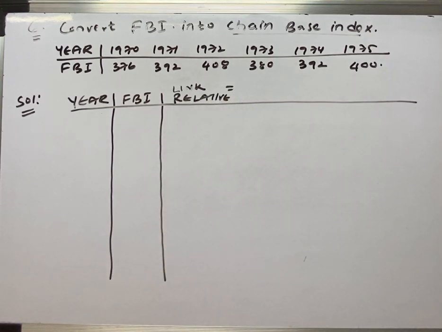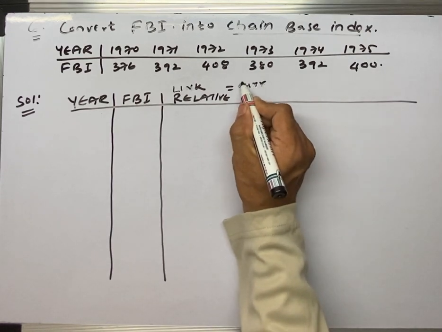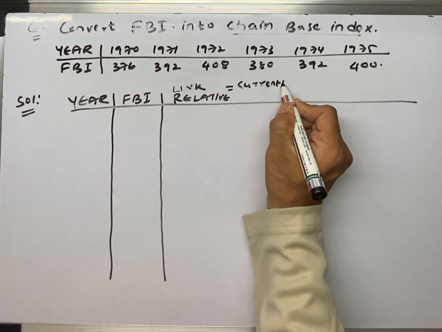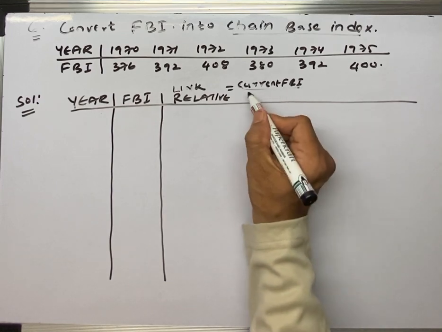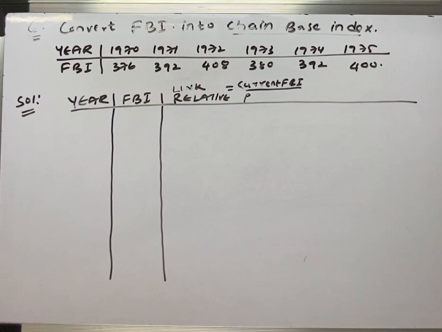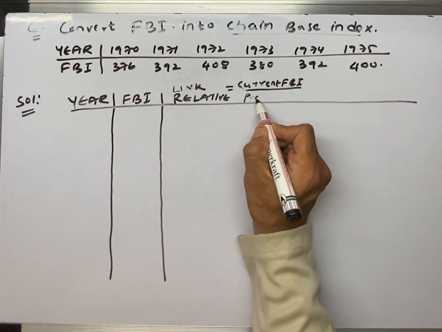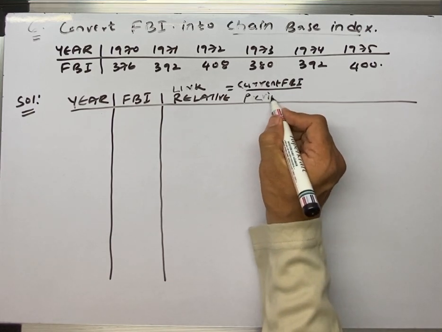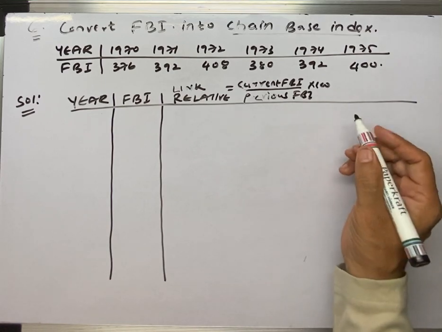What is the formula of link relative? Current FBI divided by previous FBI into 100.